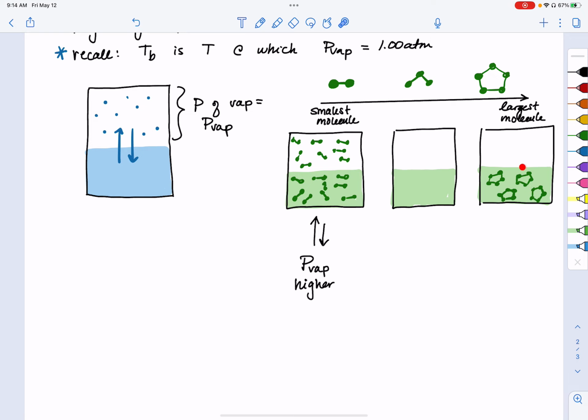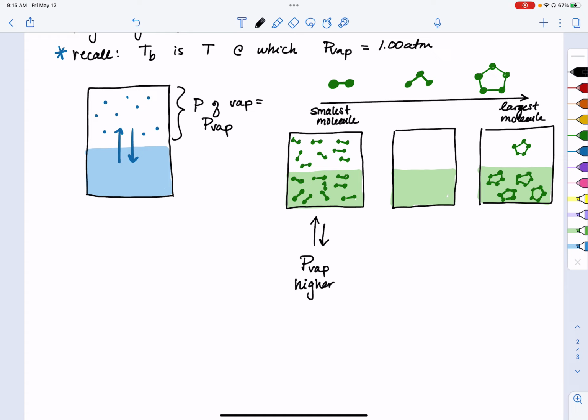And that means that statistically, the chance that they have of encountering that boundary line and vaporizing is going to be difficult. So we would expect to see fewer molecules in the vapor phase, just due to the fact that statistically, the slower things are unable to reach that boundary and vaporize as frequently.